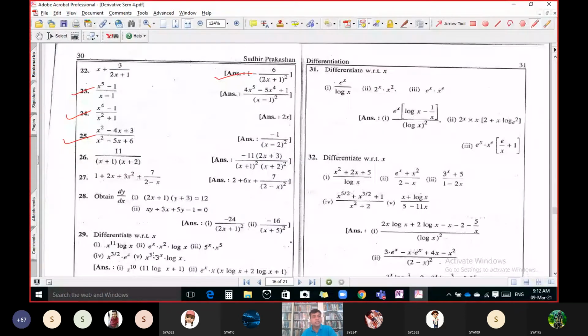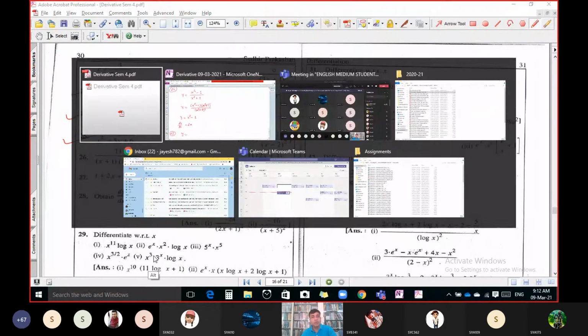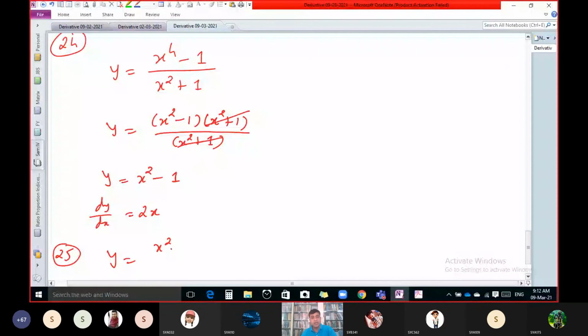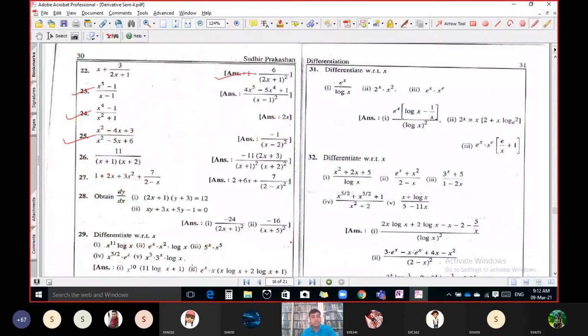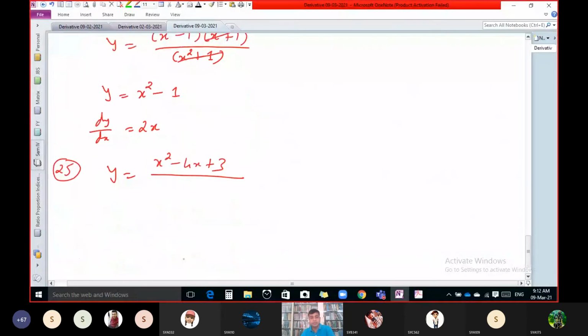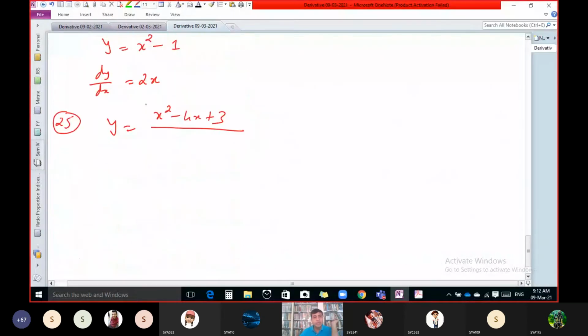The question is x square minus 4x plus 3 upon x square minus 5x plus 6. Now tell me, which one is the better step here? Derivative or factorization, that means simplification?